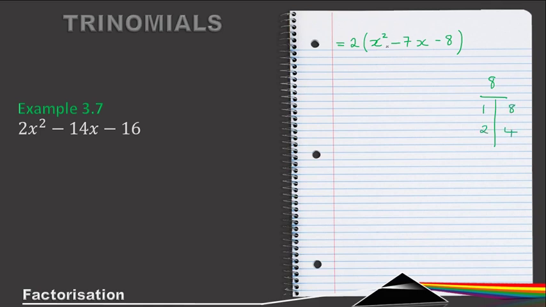Now to get negative 7, if I add 1 and 8, I get plus 7. So I'm going to say minus 1 minus another 8, and that gives me minus 7. So now I still, in the next step, write my 2, but then I just factorize my trinomial with its 2 brackets, where I've got x in each of them, and this is then minus 1 minus 8.